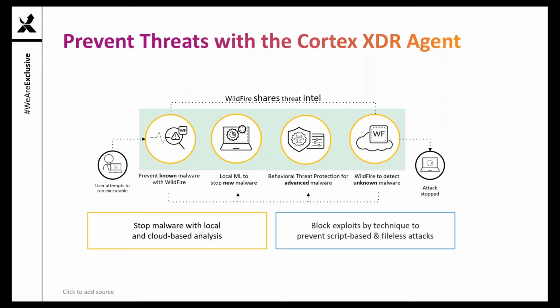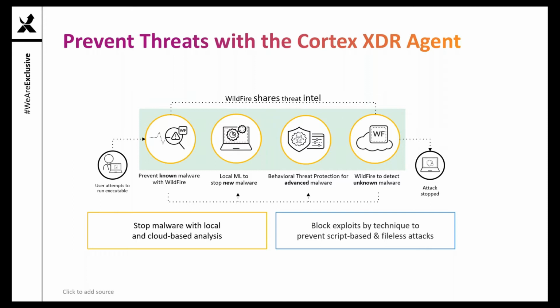So we will check against Wildfire to see if the file or the macro has been seen before and if it's benign or malicious. Okay. Now, in case Wildfire has never seen the file before or we are offline, the Cortex XDR agent still has a local analysis engine to detect and stop potential malware locally on the machine.